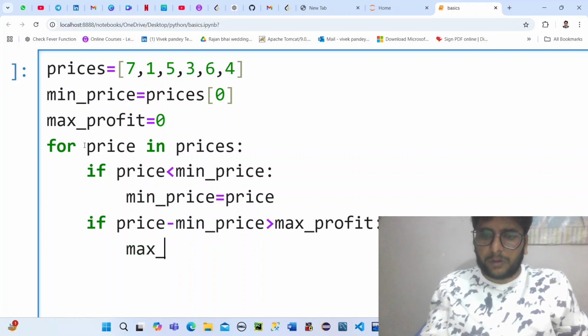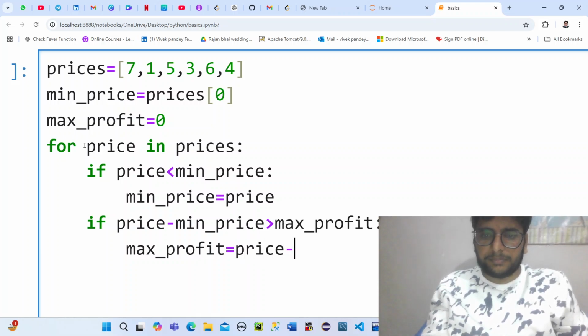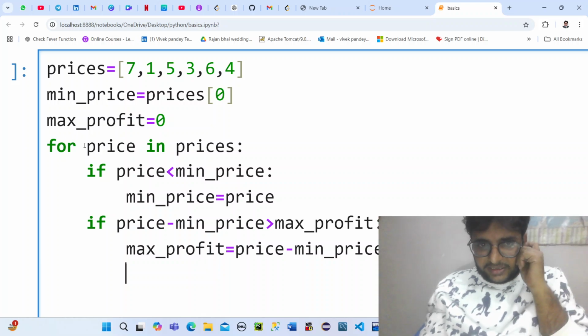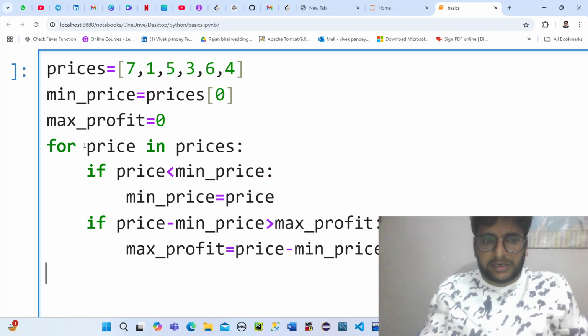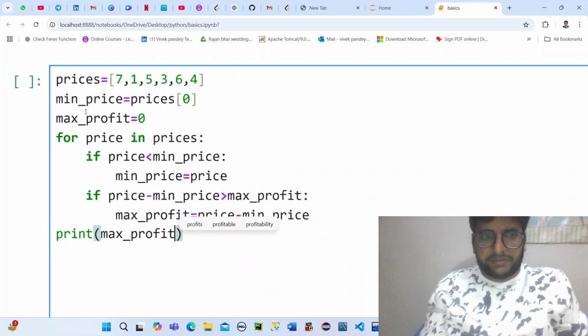In the max profit I need to store the number price minus min price. So that's it. Once we are done, let me print max profit here. Now let's see whether it is working or not.